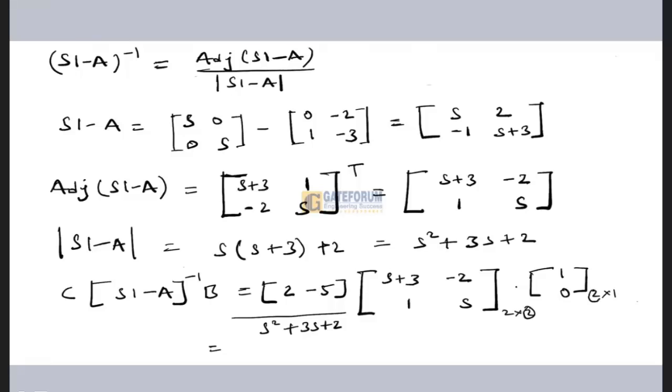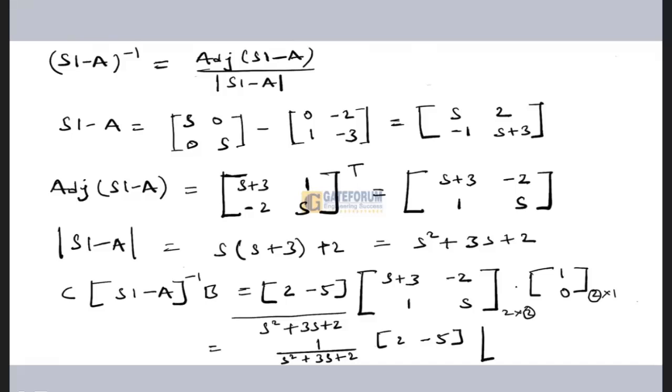S plus 3 into 1, so this is [2, minus 5], and keep this one as it is, that is s square plus 3s plus 2.